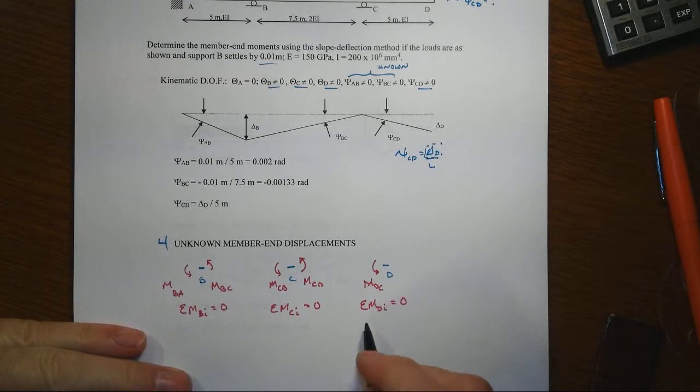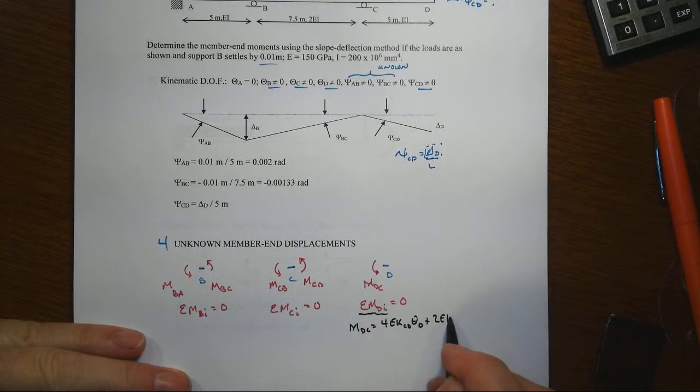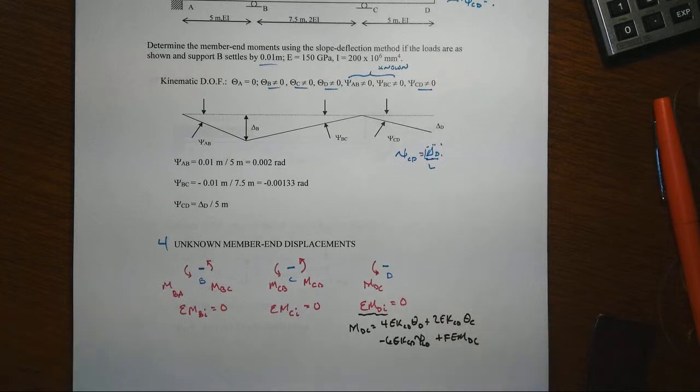Since we only have one moment here, that's going to be MDC equals 4EK for that member times theta D, that's the near one, plus 2EK times theta C, minus 6EK for that member times psi CD, plus the fixed end moment FEM DC.